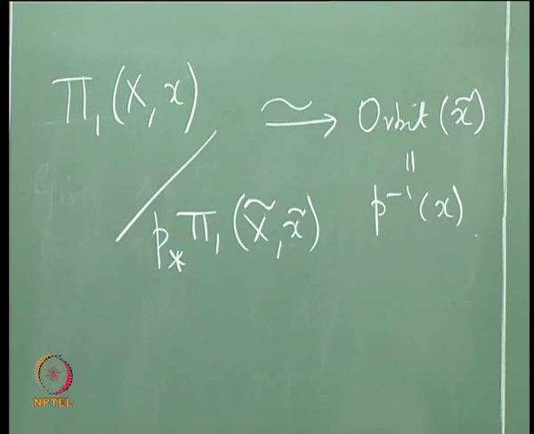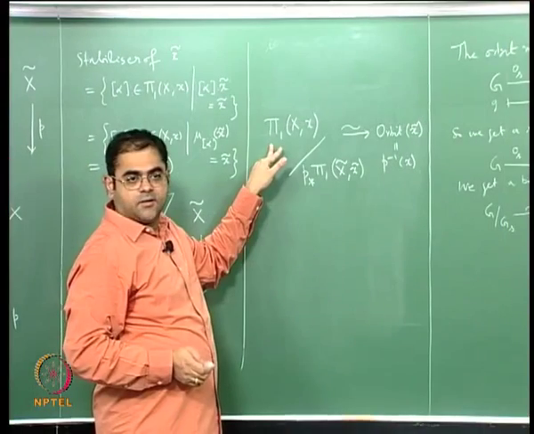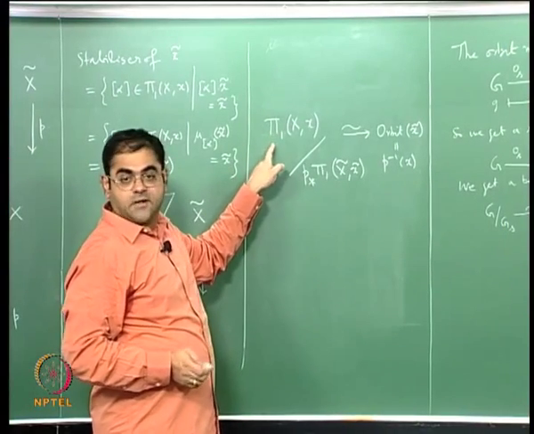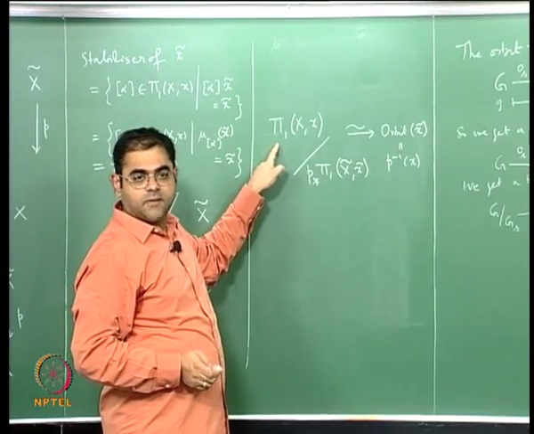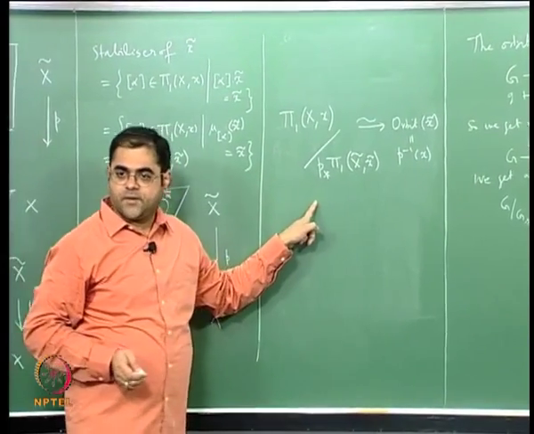So each fiber is just identified with the coset space of the fundamental group below by the image of the fundamental group above, okay.